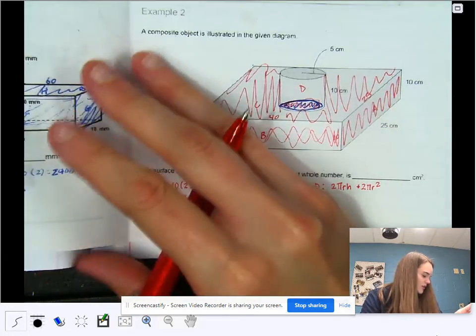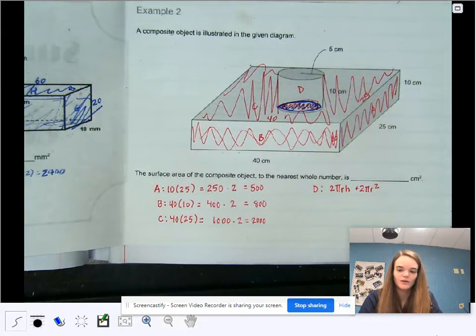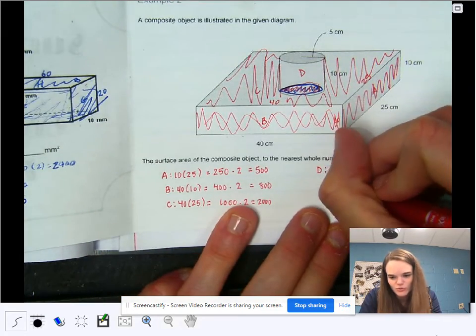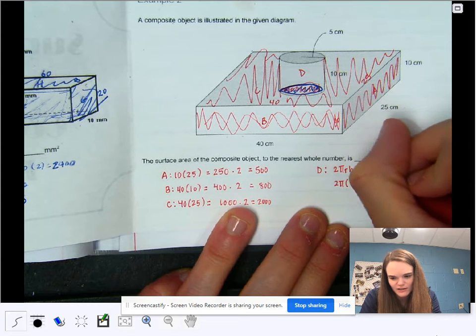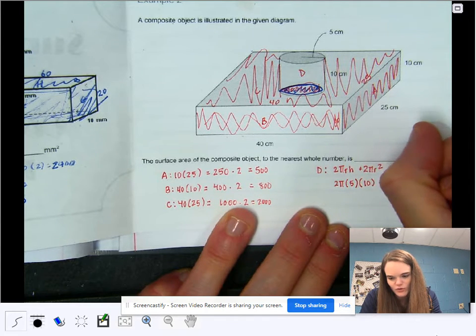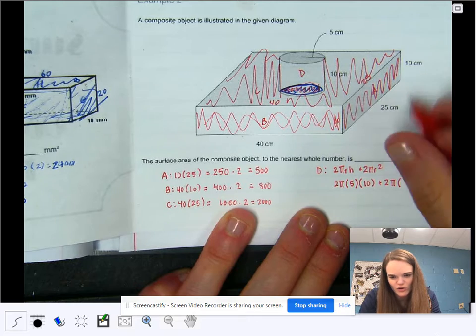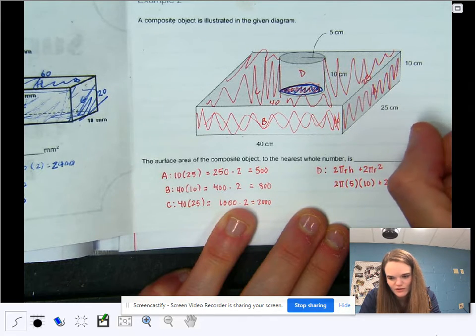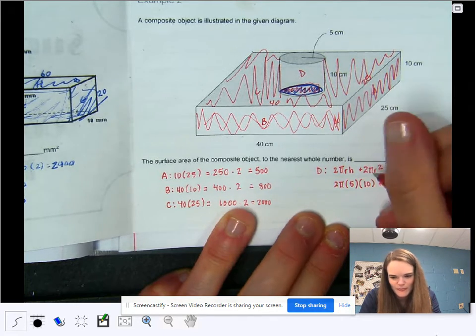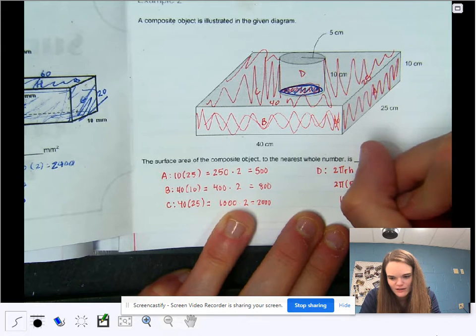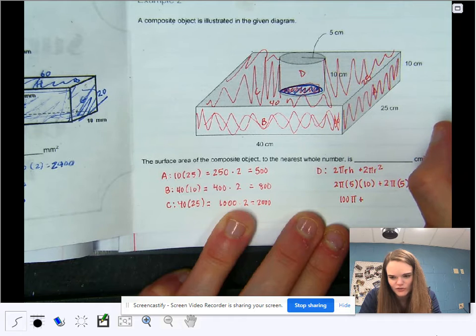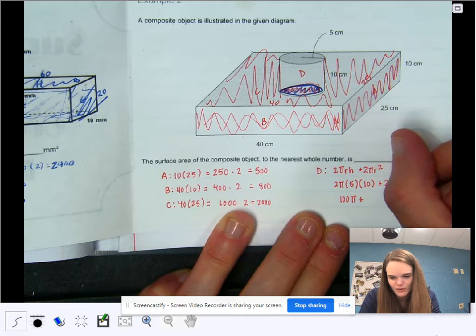And I'm going to leave it in terms of pi for right now, okay? So 2 pi, the radius is 5, the height is 10, plus 2 pi times r, which is 5 squared. 5 times 10 is 50, times 2 is 100 pi, plus 5 squared is 25, times 2 is 50 pi.